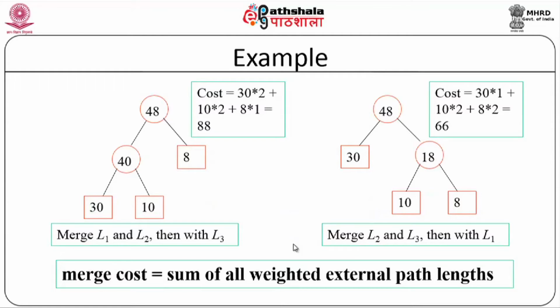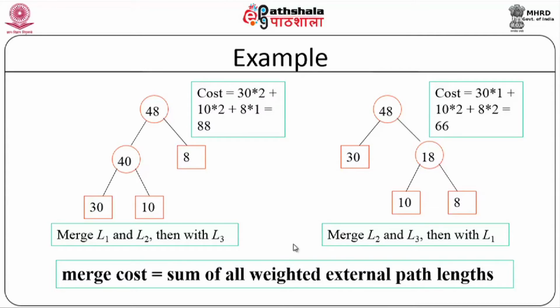You take this particular example where the left part of the slide shows one way of constructing the merge tree. So, that means you have a scenario where you are trying to merge L1 and L2, then you are trying to combine with L3. In this case, the cost is given as 88. On the right hand side, you can see the same elements, but a different way of combining.